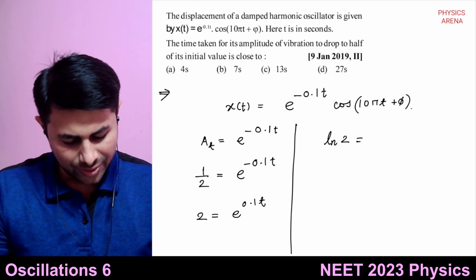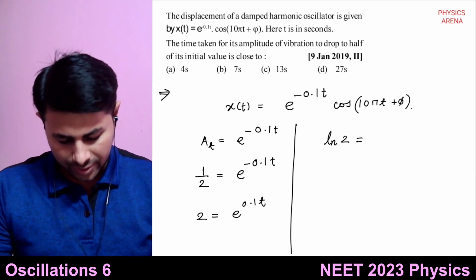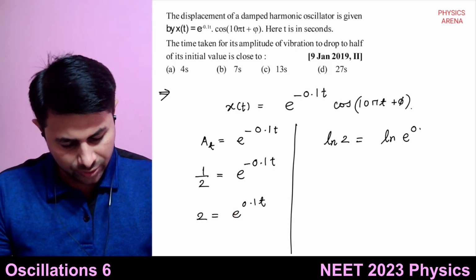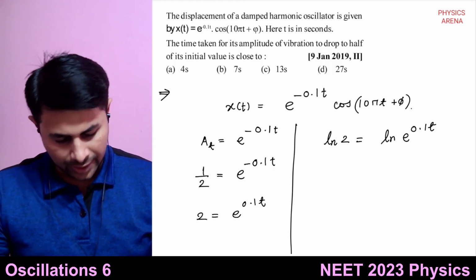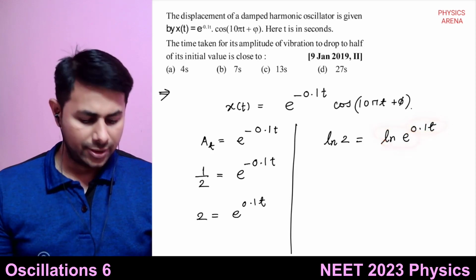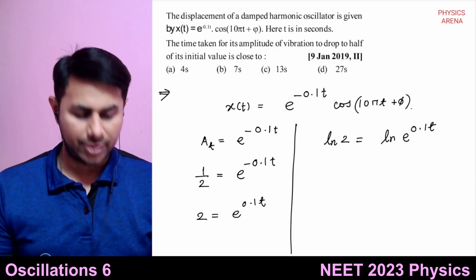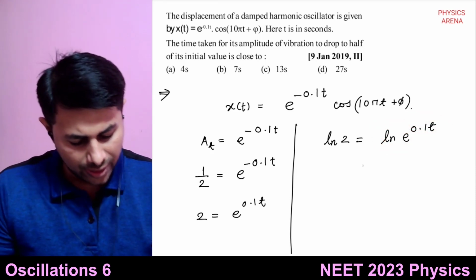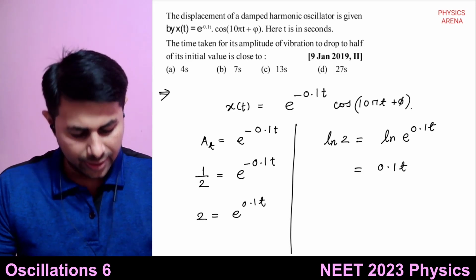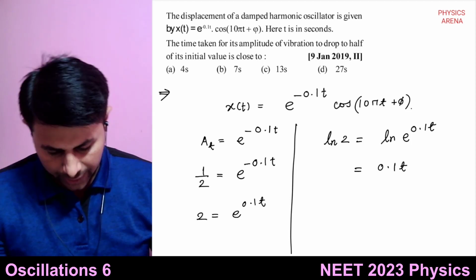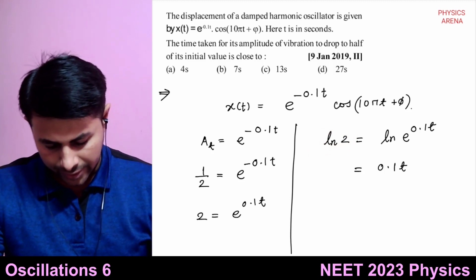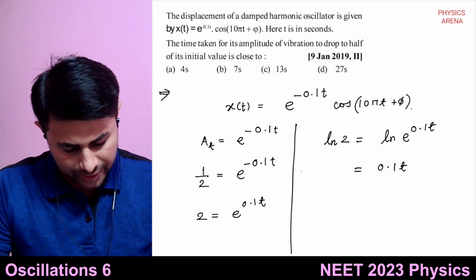So ln of 2 is equal to ln of e raised to 0.1 t. This is an anti-function, the log and e raised to something, exponent and log. So therefore, you can write this as 0.1 t, ln of e is 1. And then you can convert this to log to the base 10. How come?